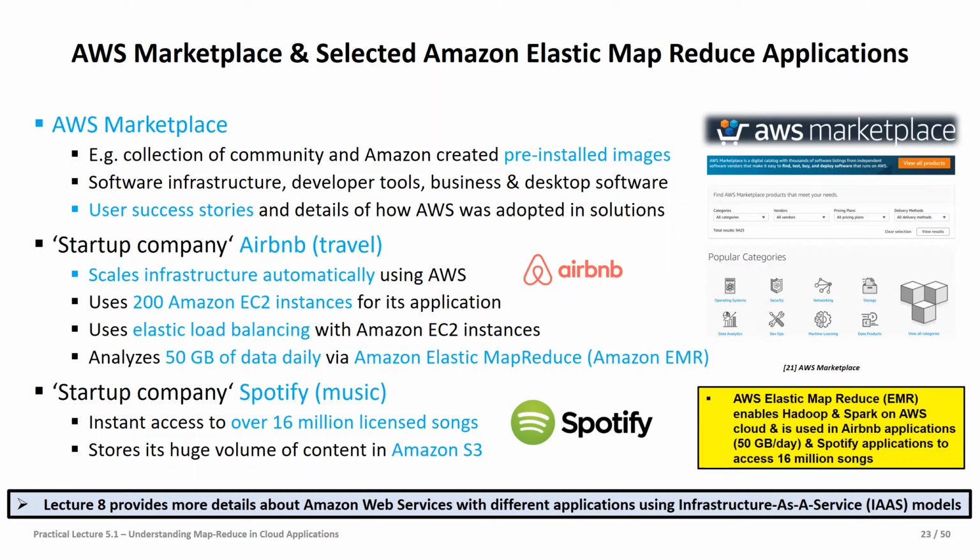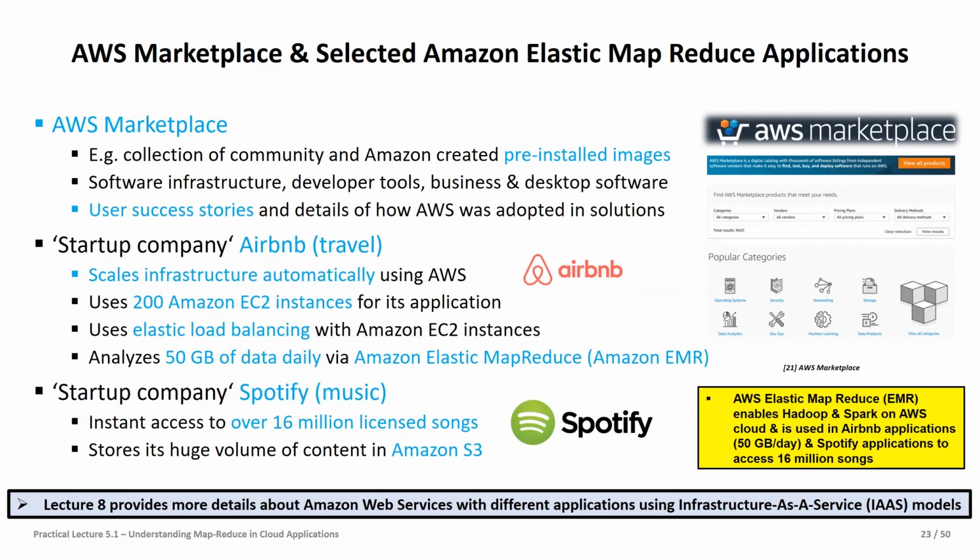But of course, they scaled up with the cloud, with the number of users, with the number of hotels which are basically available. And the same is actually true for startup companies like Spotify, which is not anymore a startup company, right? So they had lots of songs that need to be stored somewhere with license information with it, and actually used Amazon S3. So they are basically users of the AWS by large degrees.